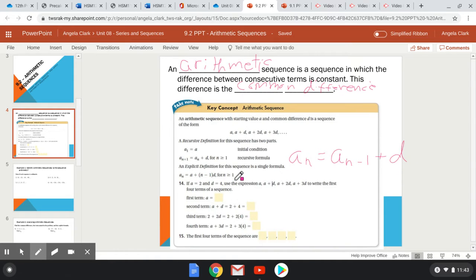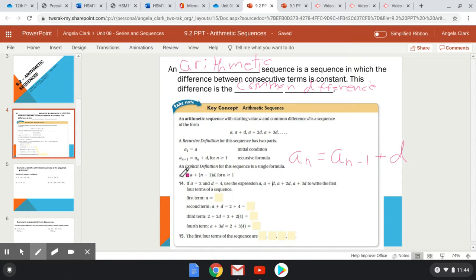The explicit formula is going to be that the next term equals a plus n minus 1, so the term number that we're looking for, minus 1 times d. So notice if n is 1, then I have 1 minus 1, so that's 0 times d, so I just get a, which makes sense. I want my a1 to just be a, so that's why it's n minus 1.